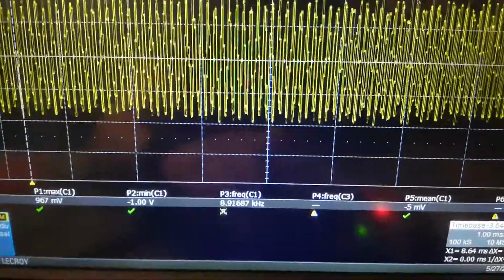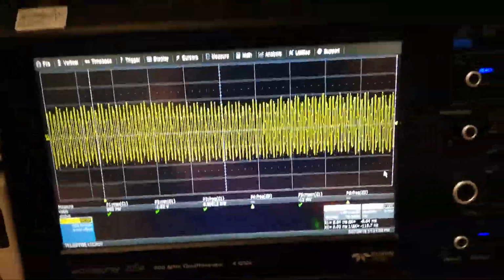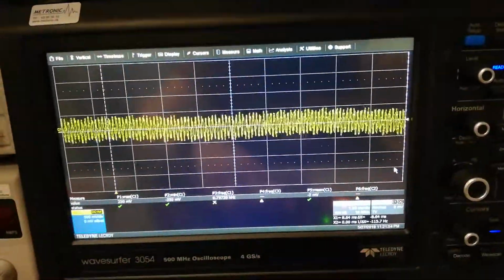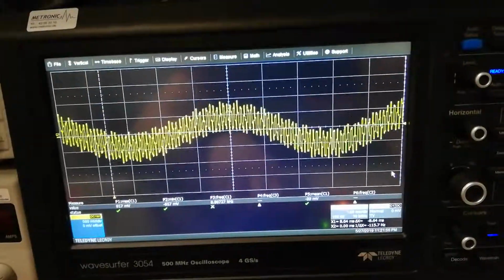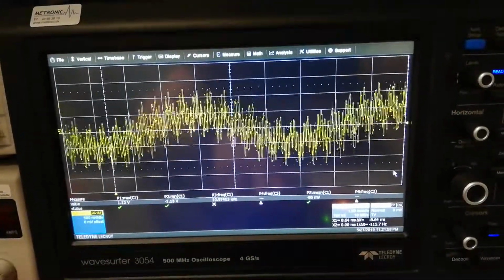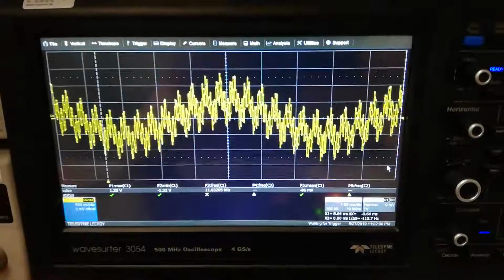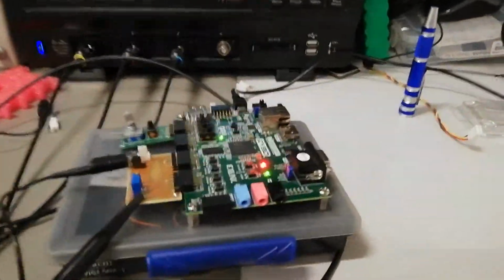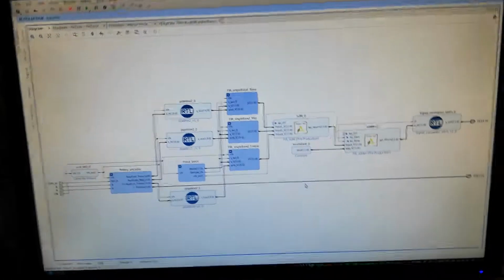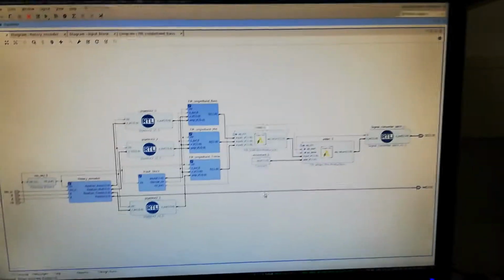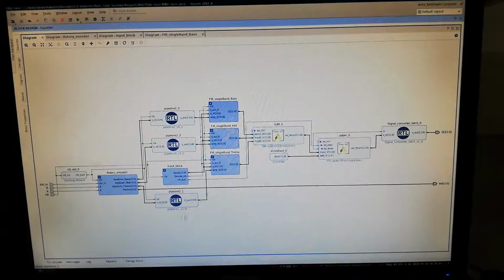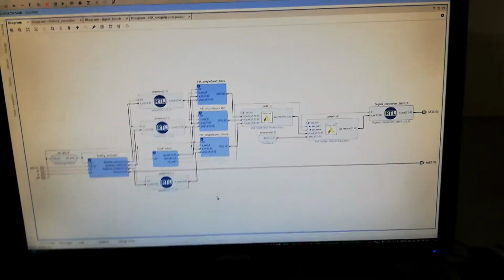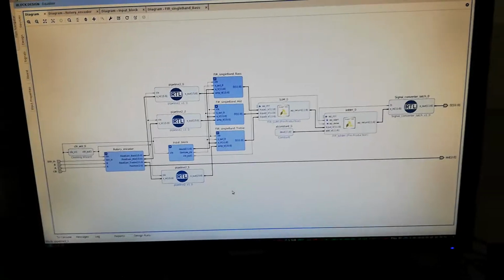You can see it's the 10 kilohertz that gets amplified. I can amplify all the signals at once, which gives me the original signal. So it works. I had a bit of problems with the slack time because of the amount of components that went into this. I'm almost using all of the FPGA, but yeah, it works.